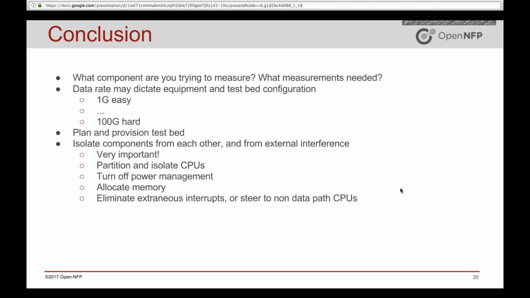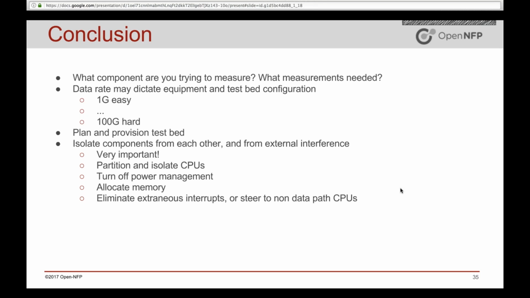And then there are things that will affect your test in less obvious and interesting ways, like the system management interrupts and other OS-generated interrupts. Those need to be isolated and steered to CPUs that are not running data plane traffic.